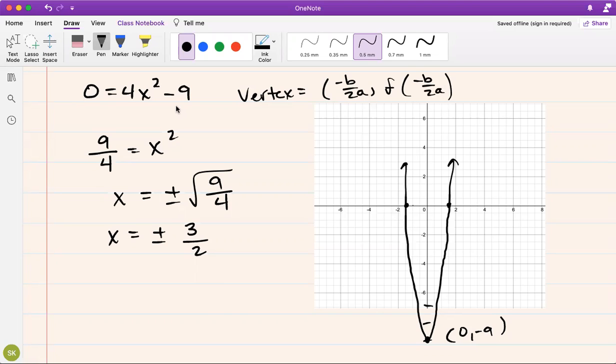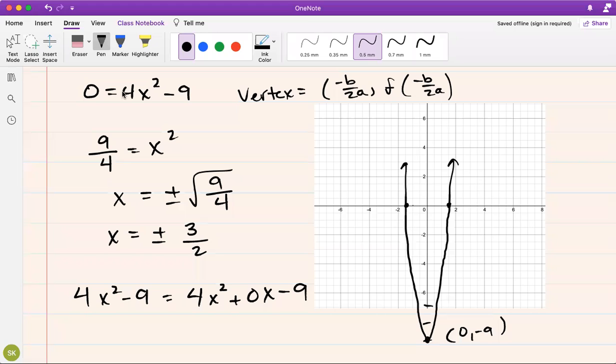Notice that 4x squared minus 9 is the same thing as 4x squared plus 0x minus 9. So -b is -0, and 0 divided by anything is going to be 0. That's where I got the first coordinate, 0. And then if you plug 0 into this, you get -9. You can see that corresponds to this vertex, 0, -9.